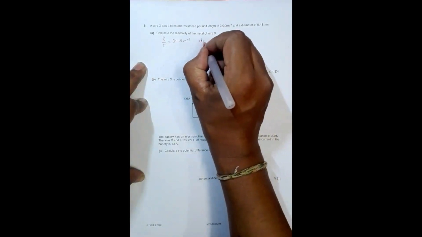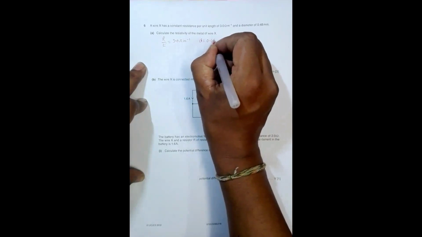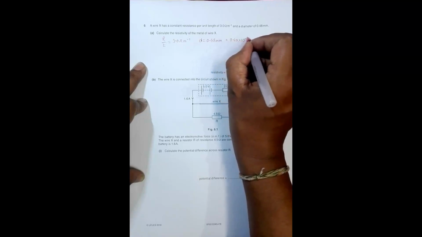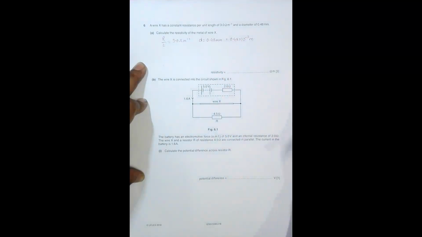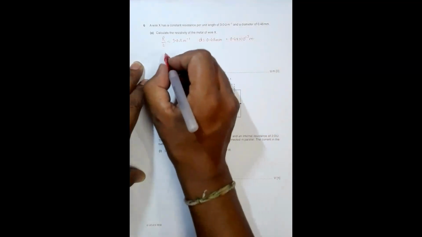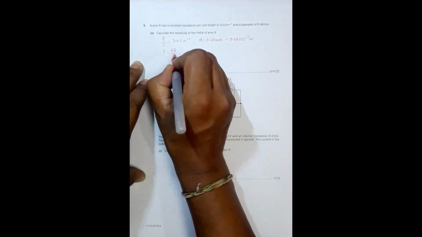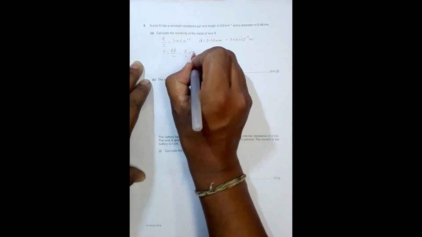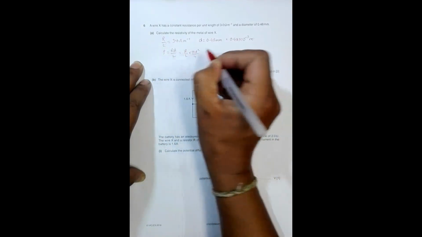So D is equal to 0.48 millimeter, which is equal to 0.48 into 10 to the power minus 3 meters. We have to find the resistivity of the metal constituting wire X. So what we have is rho should be equal to RA by L, equal to R by L into pi d square by 4.